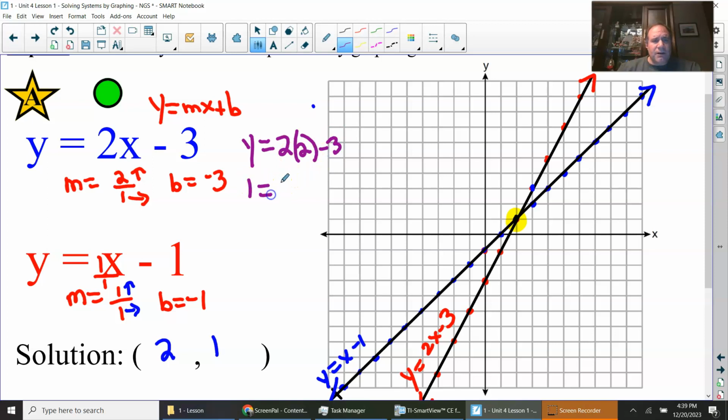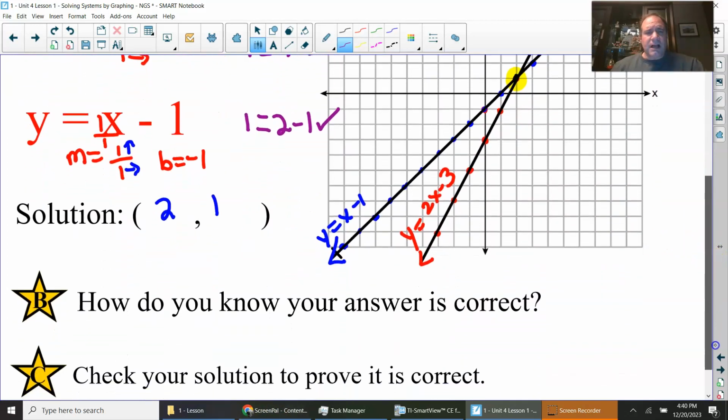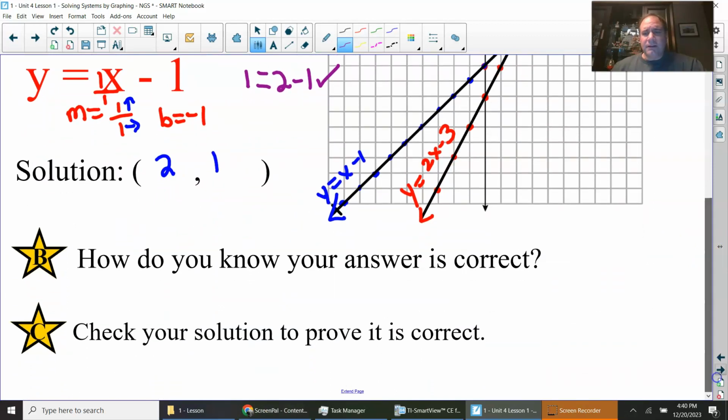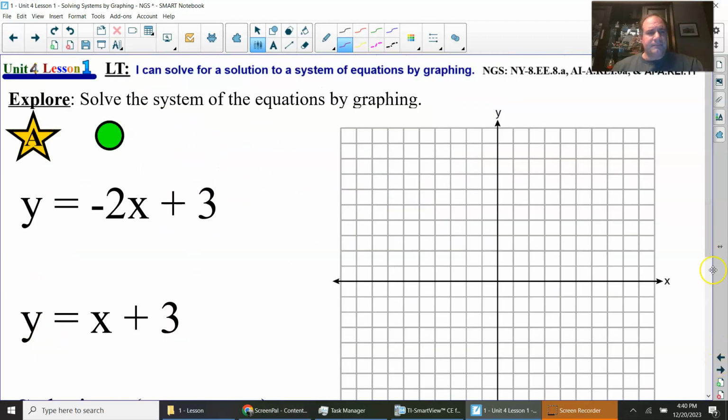Y has to be 1. 4 minus 3 is 1. That works out. But you have to check the yellow one. So y is 1, the x is 2. 2 minus 1 is 1. That checks. I know that my solution is correct because I could check it. All right, and that's it.